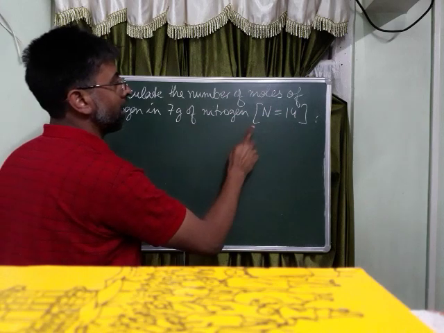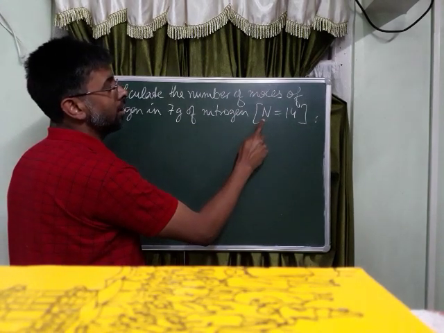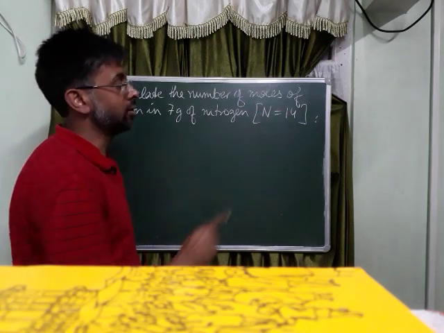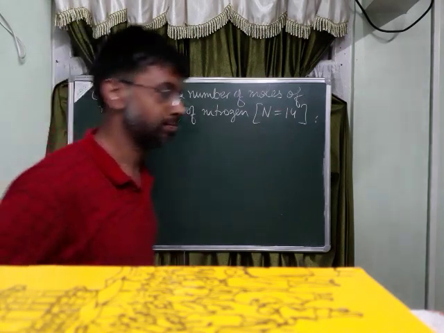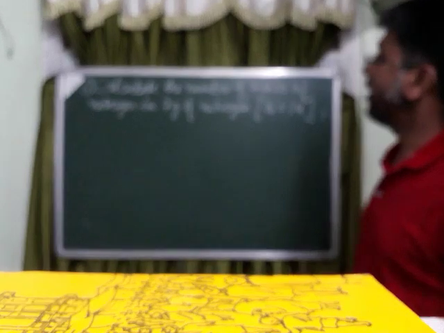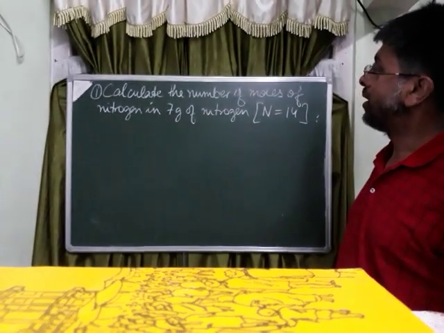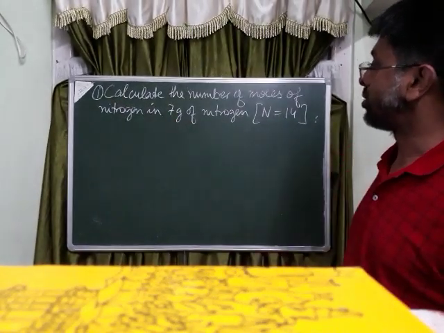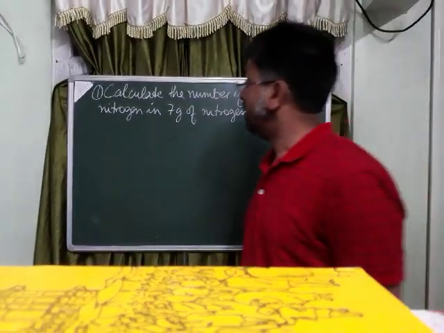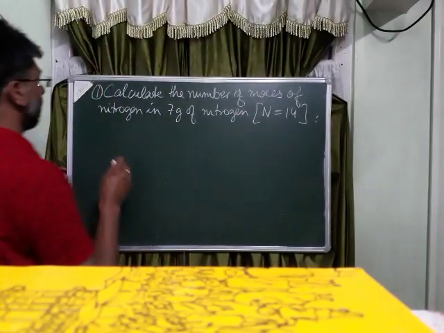Given in square bracket, the atomic weight of nitrogen is 14. This is given. Copy this question. Calculate the number of moles of nitrogen in 7 gram of nitrogen. Okay. Now let us solve this problem.